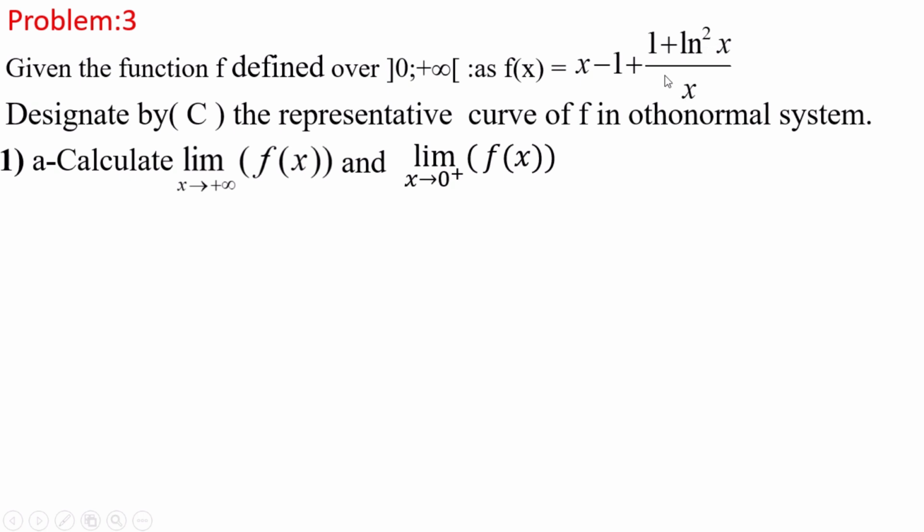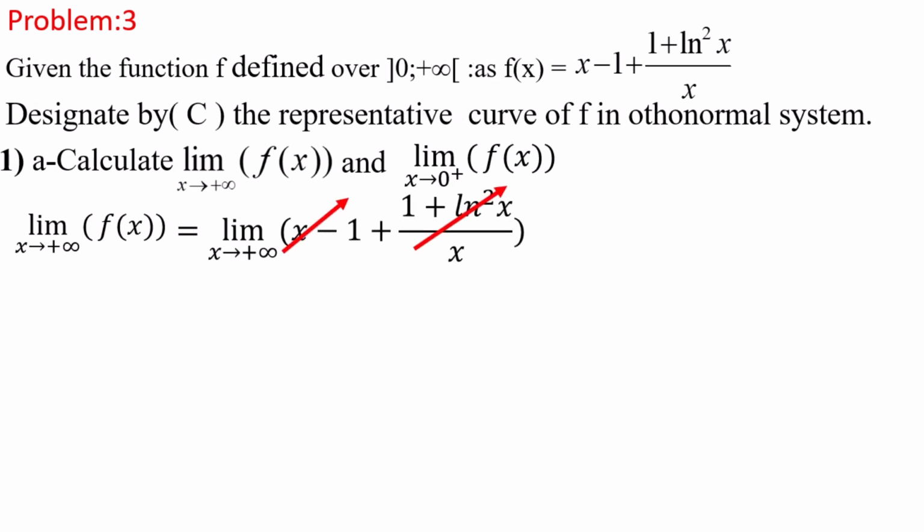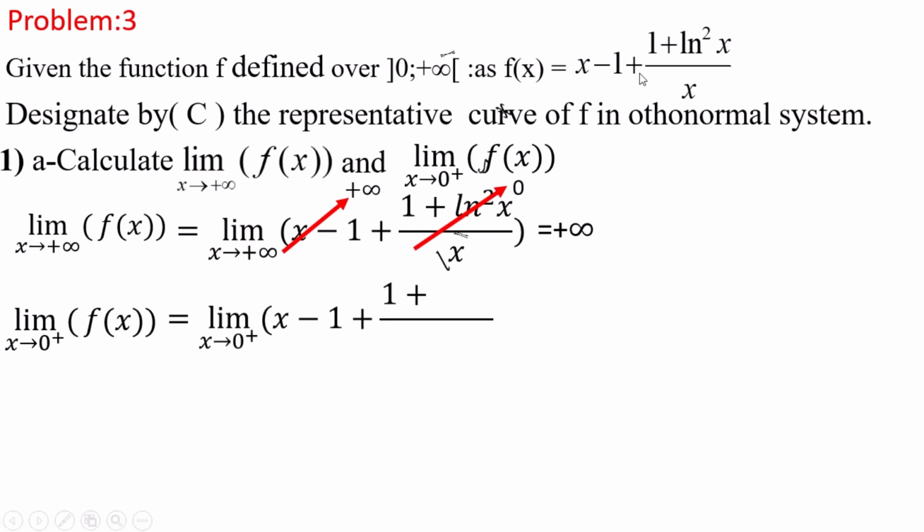We still have plus infinity here. Limit of f of x as x goes to 0 plus: here we have ln x goes to minus infinity, squared gives plus infinity, over 0 plus is plus infinity, and here we have 0. So this is also plus infinity.